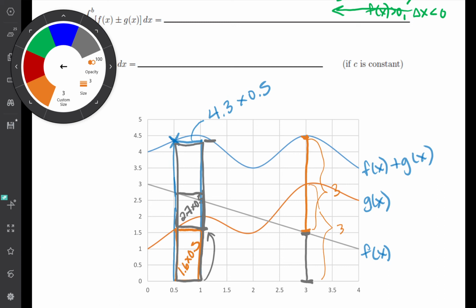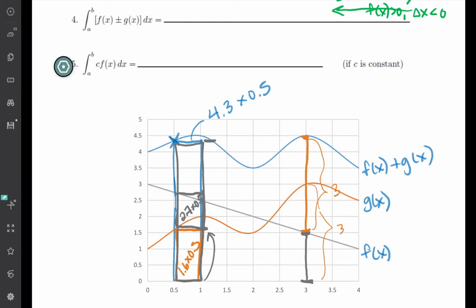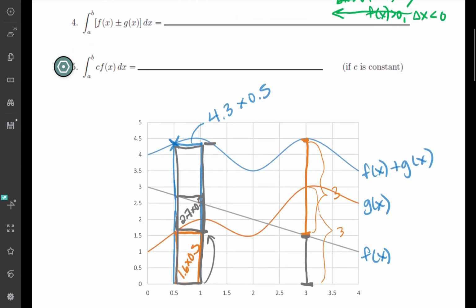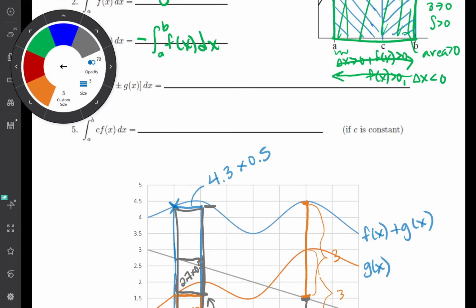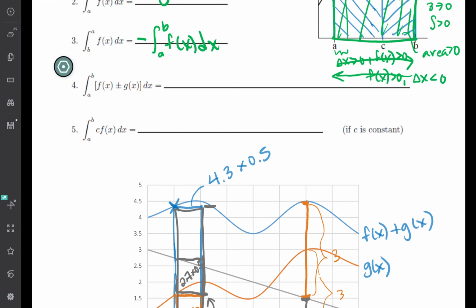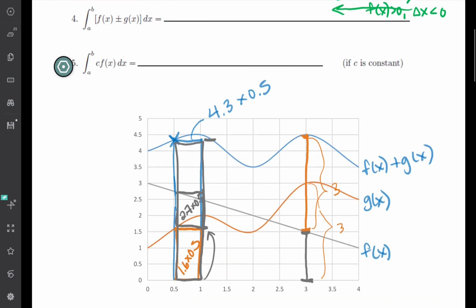So if your function is the sum of 2 other functions, its area should be the sum of the 2 areas. I always feel like I get way tangled in this and I make it sound really hard. And then when I actually say my conclusion, people think it's really easy. But I would like you to get what the picture is saying.